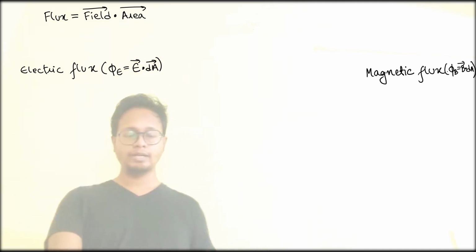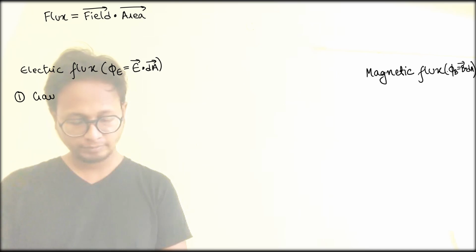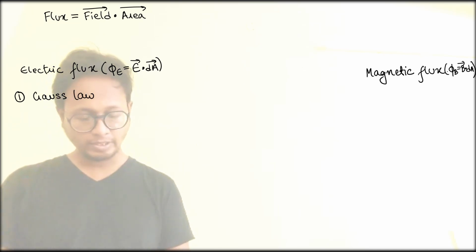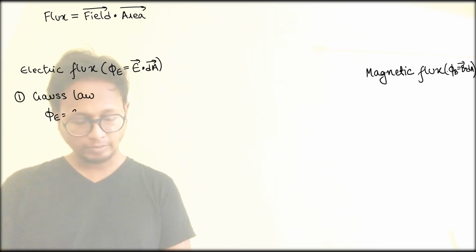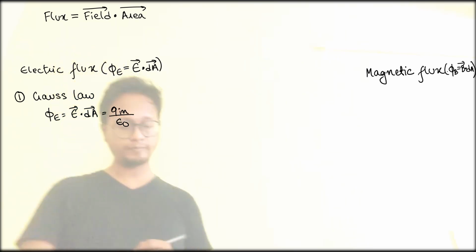Now where is electric flux used? Electric flux is used in Gauss law, where electric flux is equal to the dot product of electric field and area, which is equal to total charge inside divided by epsilon naught.